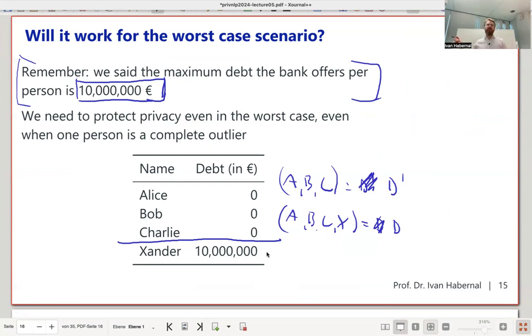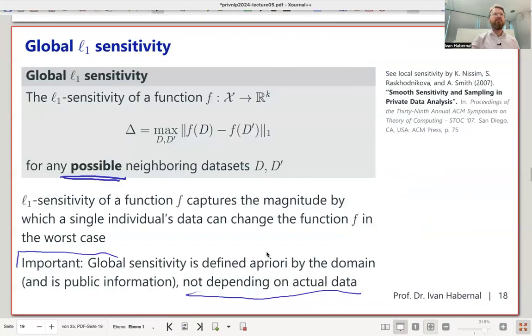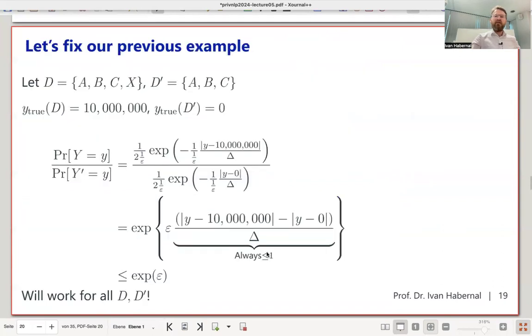If we had some other query, like an average, then you have to compute your sensitivity for the average query, because for the average query it will be something like 1 over n. So it always takes into account the domain and the query you're asking. Okay, any questions? So this is global L1 sensitivity.